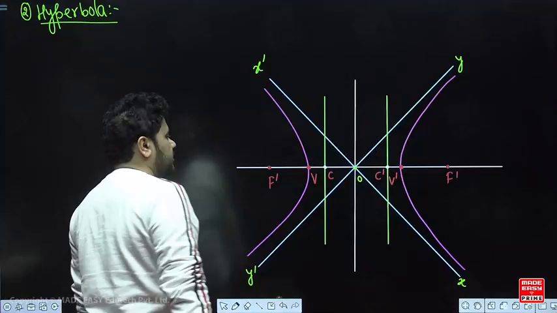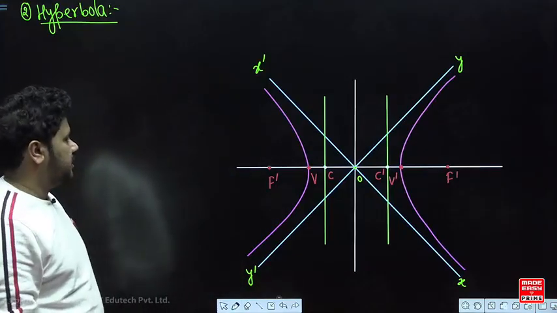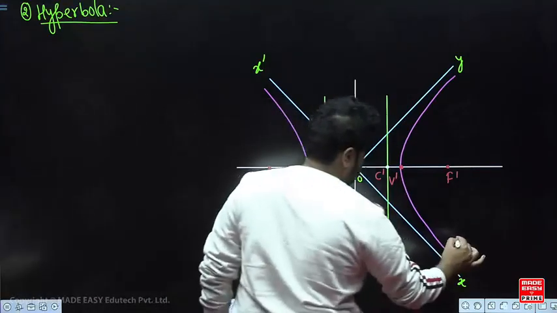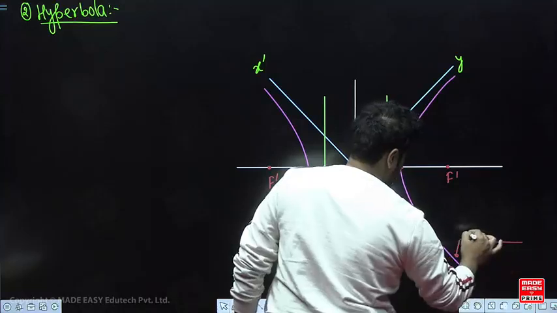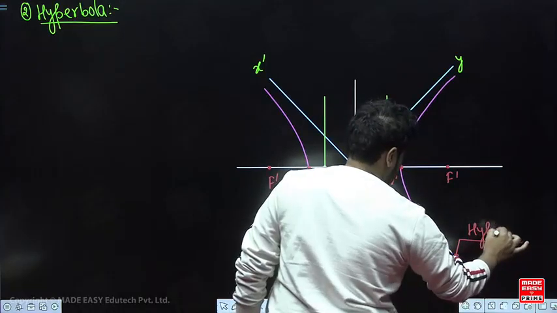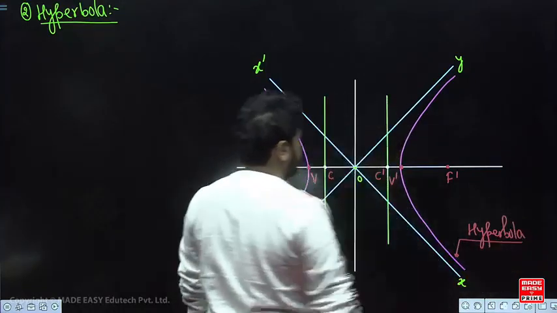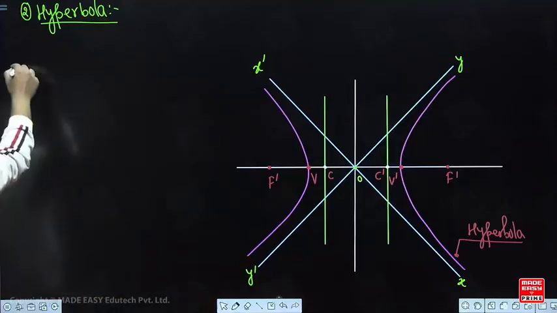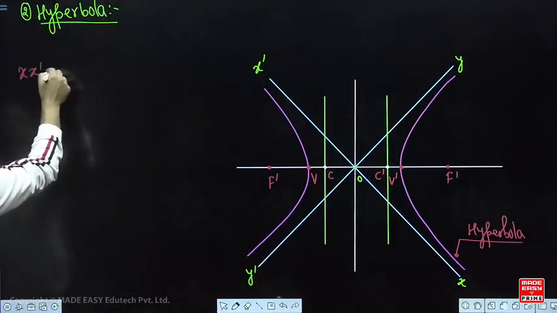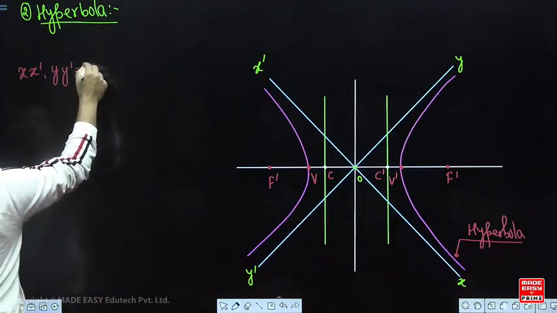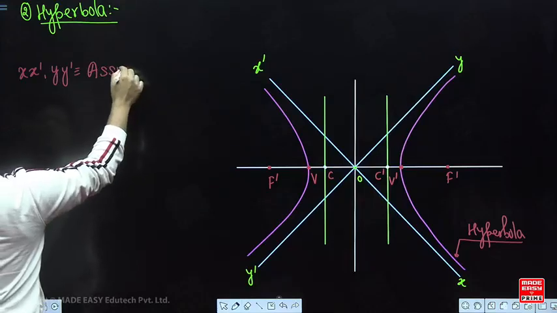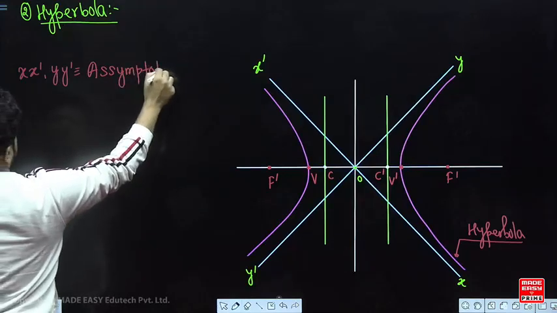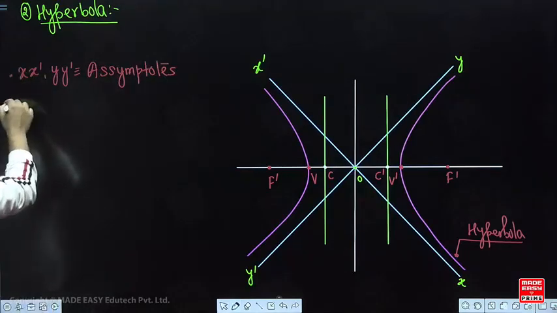So what you can see here, this is the hyperbola, correct? What is made in pink color is called the hyperbola. This is called the hyperbola. Fine. Okay. So here xx dash and yy dash are called asymptotes. It is called asymptotes, correct?